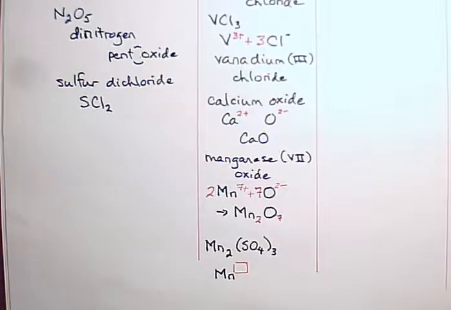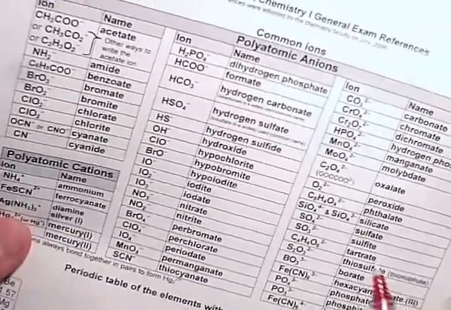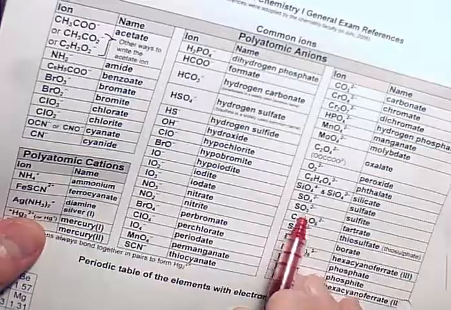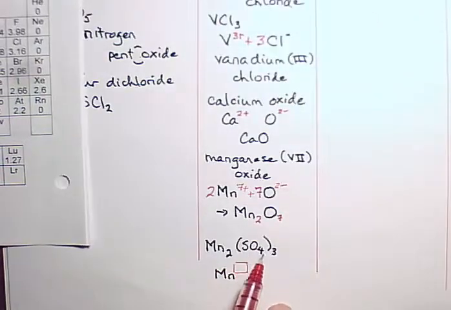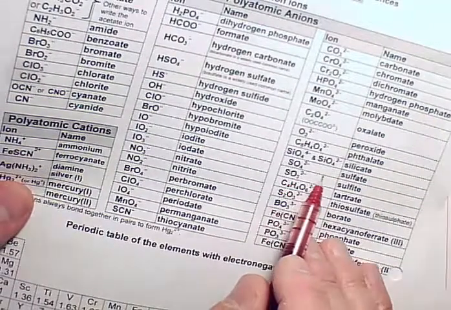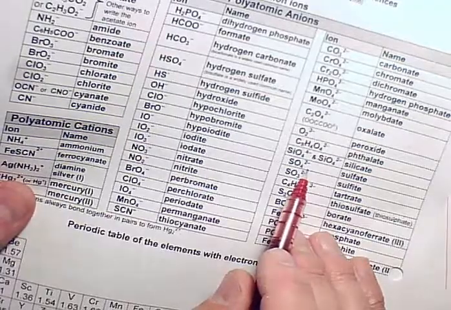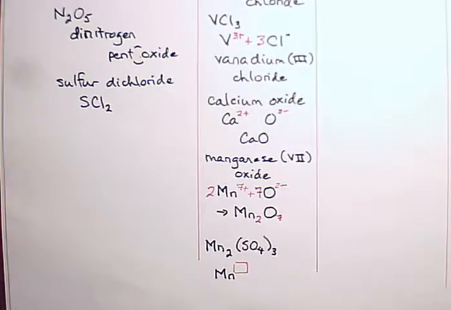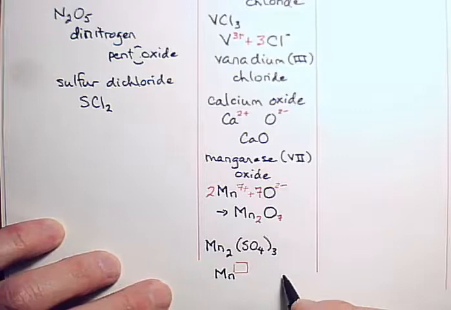So we're going to go to the periodic or the common ions list and find some part of this formula that has a polyatomic ion in it, and that's sulfate. SO4. SO sub 4 is sulfate. Okay? And that has a 2 negative charge. Okay, so we know that sulfate has a 2 negative charge.